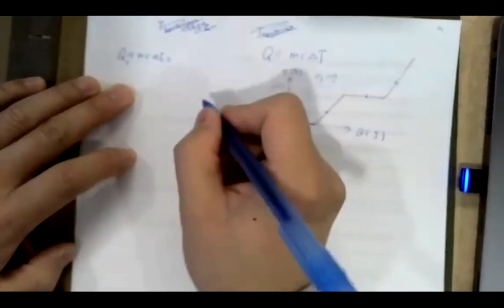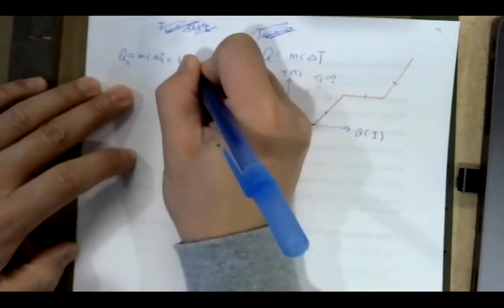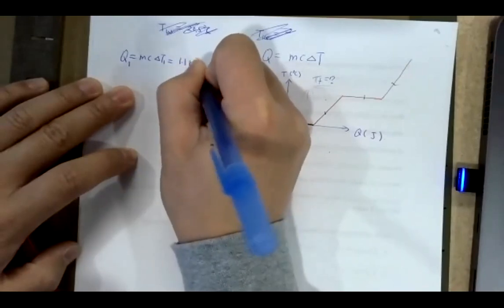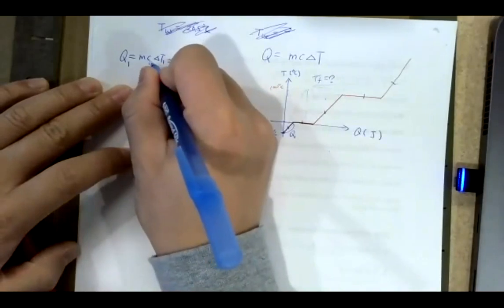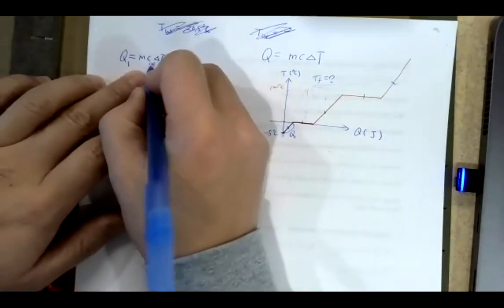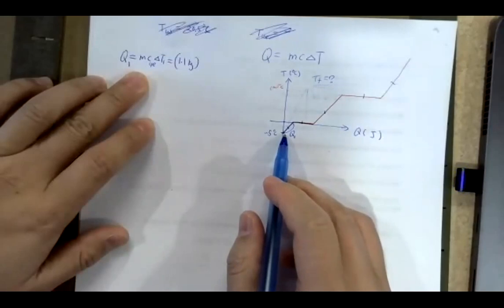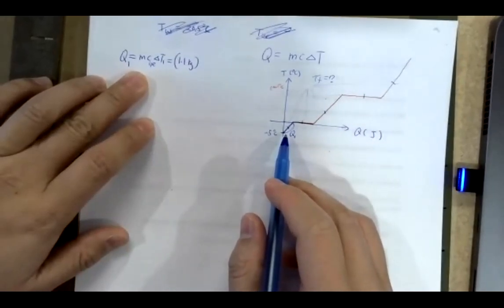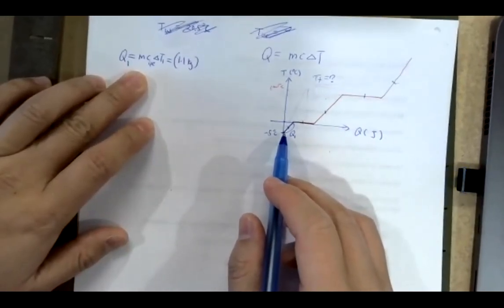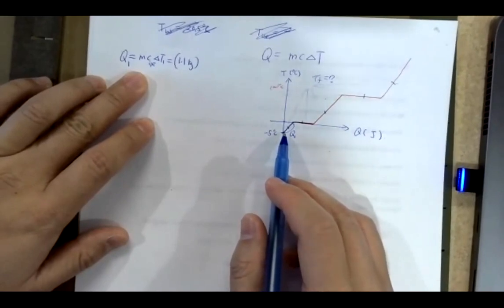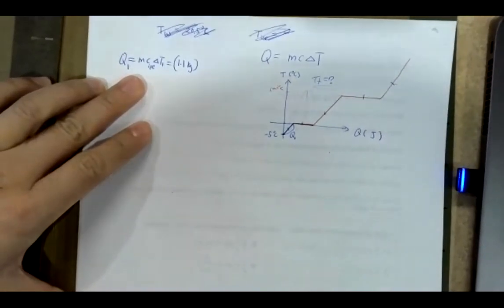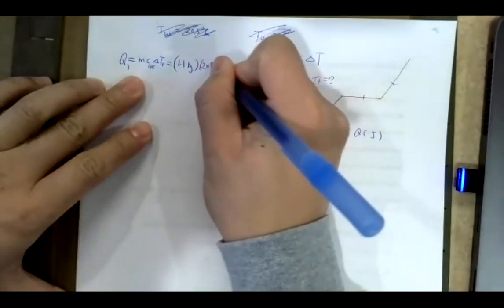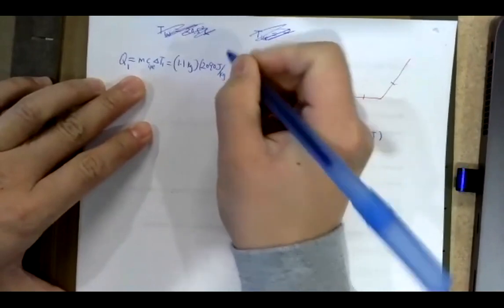The mass is given as 1.1 kilograms times the heat capacity. So in this case, you would use the heat capacity of ice, right? Because at temperatures below 0 degrees Celsius, you have it still in solid form, ice, okay? So for ice, it's given as a specific heat capacity of 2090, okay? So times 2090 joules per kilogram degree Celsius.